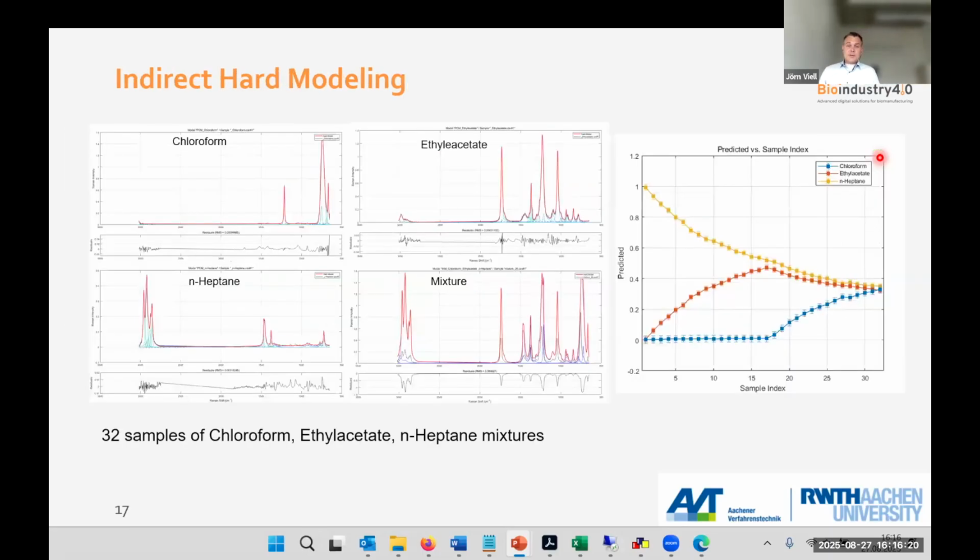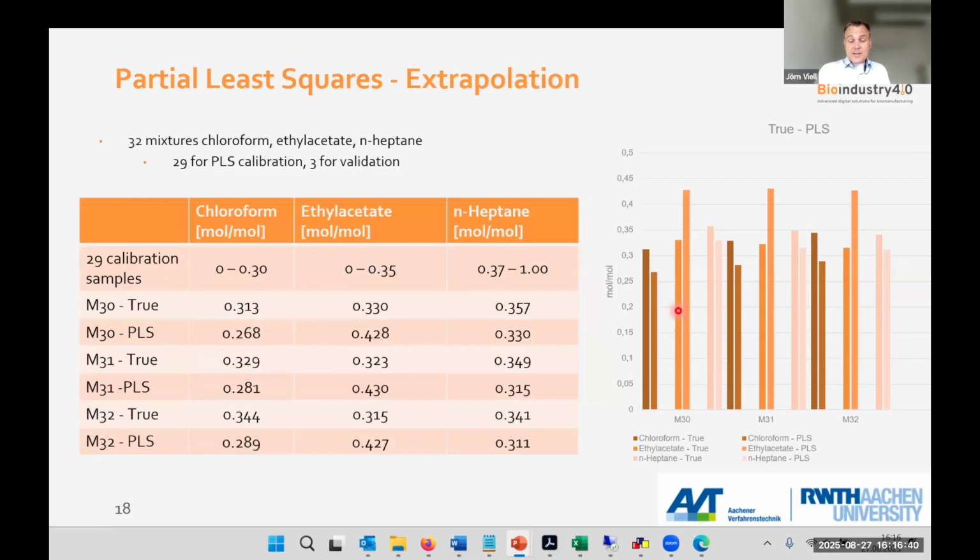With indirect hard modeling, you would model the individual components, chloroform, ethyl acetate, and N-heptane, and with the individual peak functions, create a mixture model, and then you can do well here as well. No wonder. But what is interesting is if you do extrapolation.